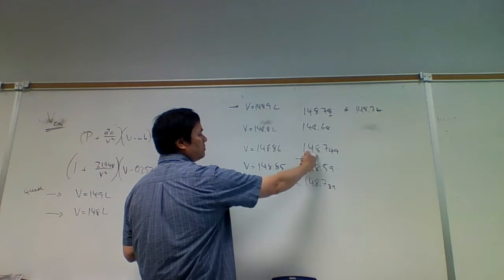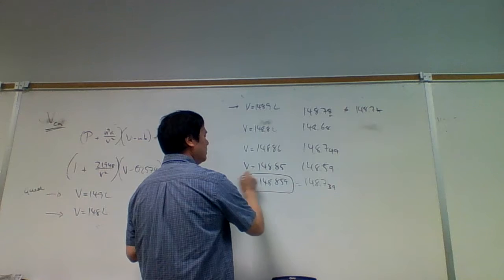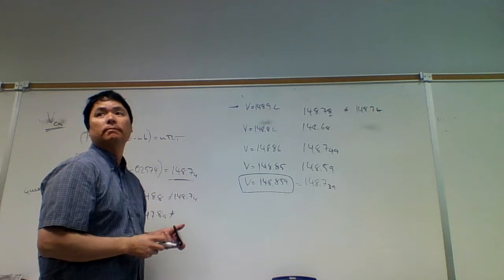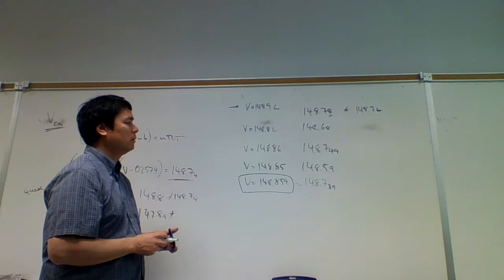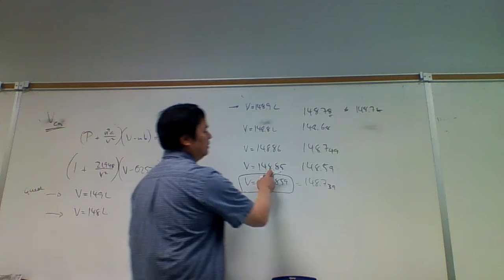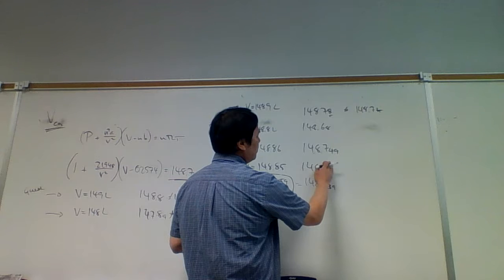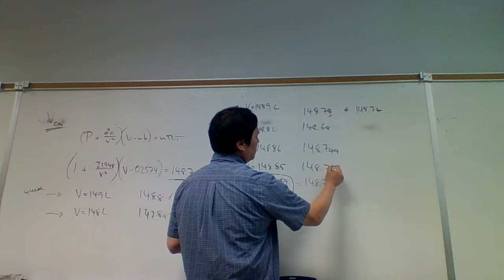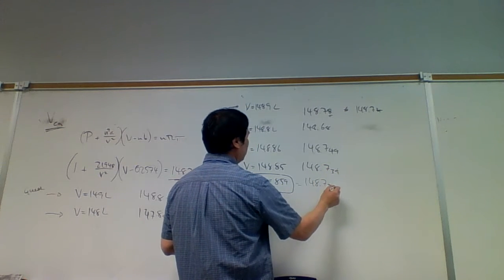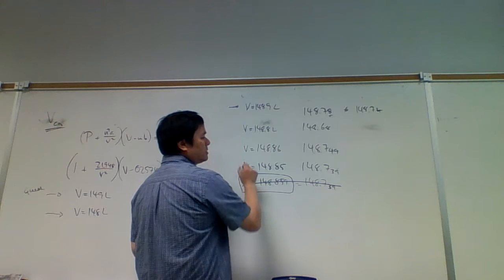This rounds to 4, this rounds to 5, and so this would be it. That was for 148.85. Oh, 85? Yeah. You got 148.739, 739. So I screwed up this calculation, 739. All right, we could stop here then.